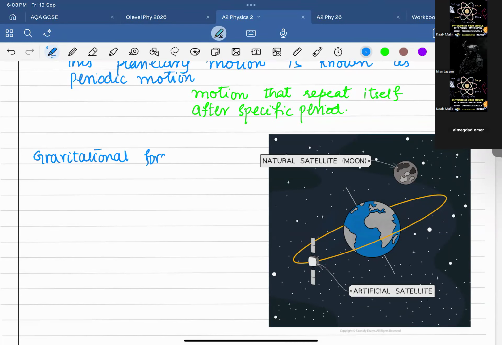For Kepler's third law we say that gravitational force provides centripetal force to the object. Whenever you are deriving this equation, T squared is directly proportional to k times r cubed, you always have to write this statement in the beginning.